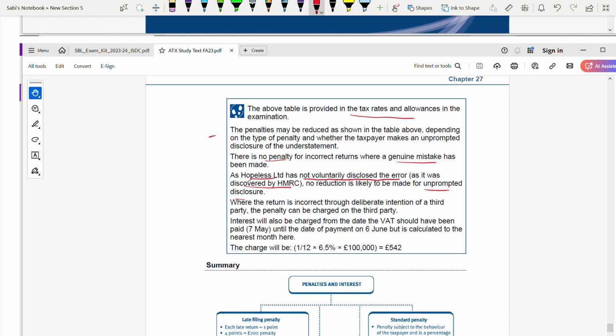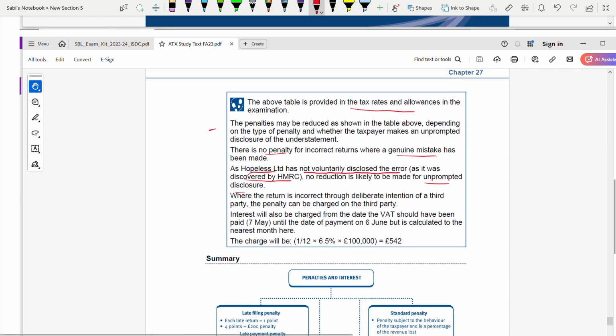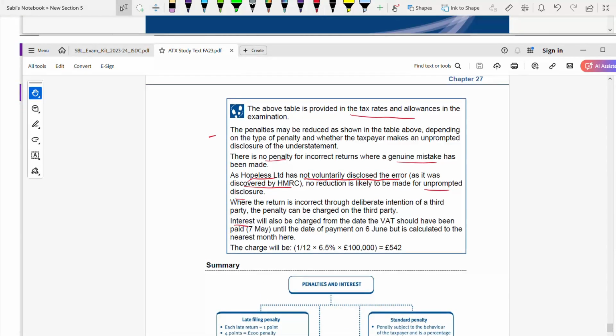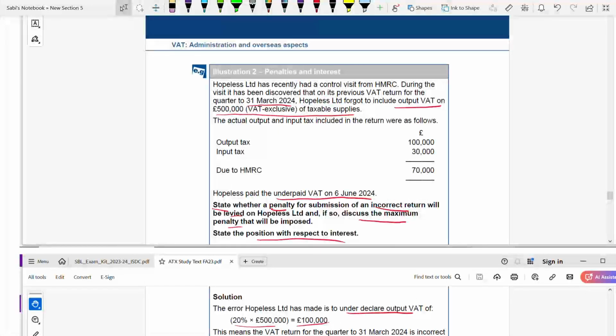Now interest also will be charged from the due date of the payment of the VAT till the date of payment. If you check, it is March. They have discovered it on its previous VAT return for the quarter.